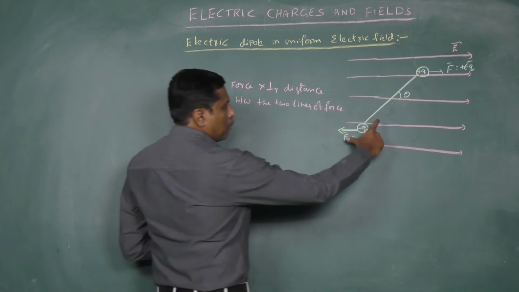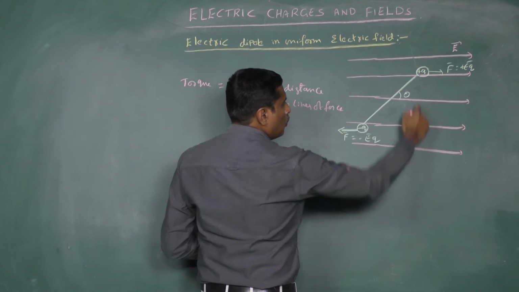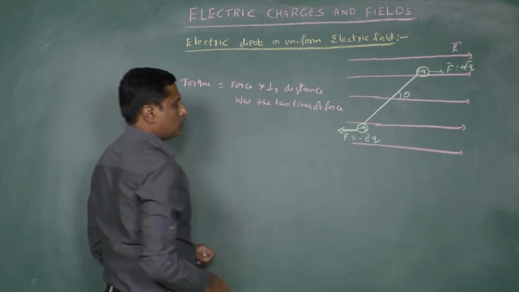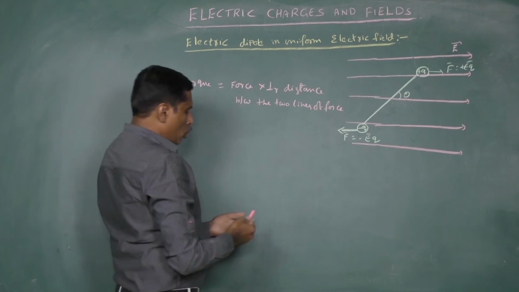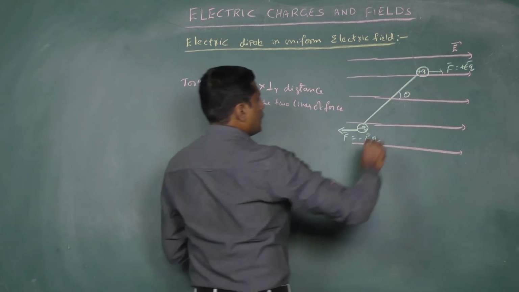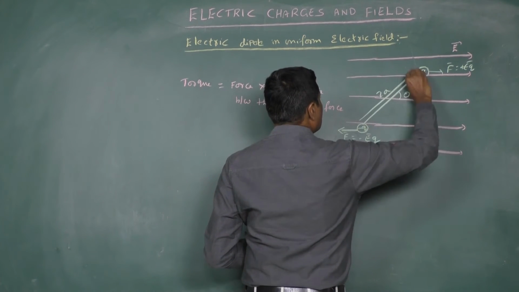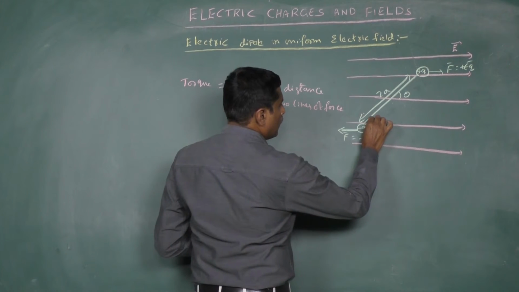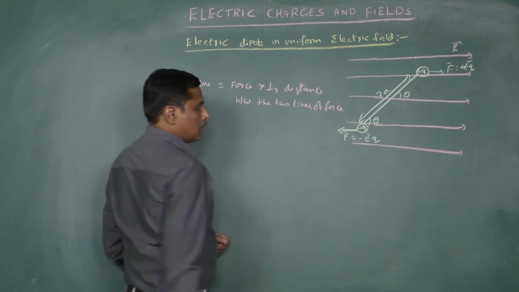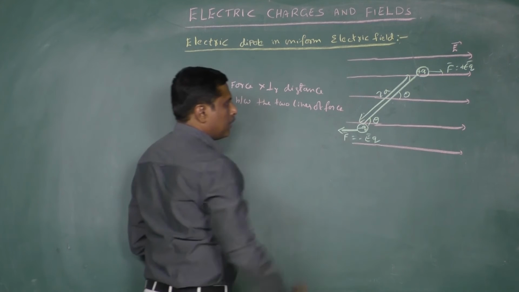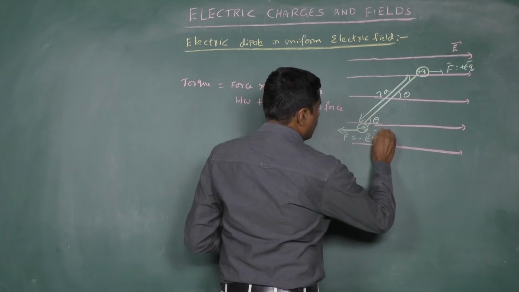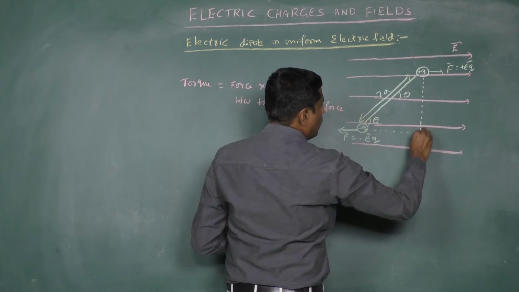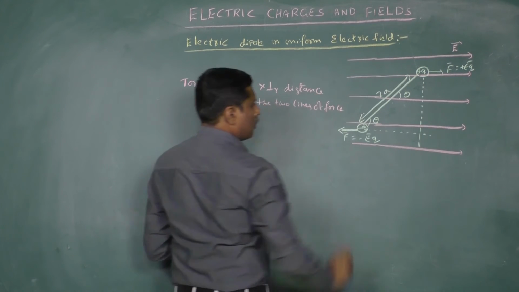Here you have to find the perpendicular distance between the two lines of force. The distance between the two poles is taken as 2a, and this dipole is making an angle theta with respect to the electric field. Now we can resolve the 2a along the field and perpendicular to the field.